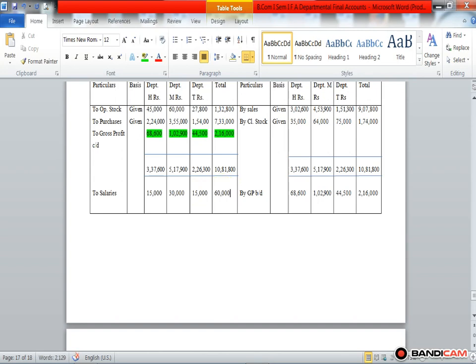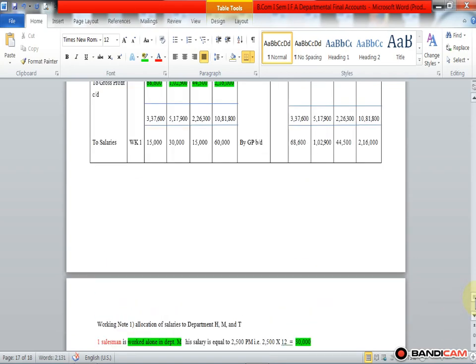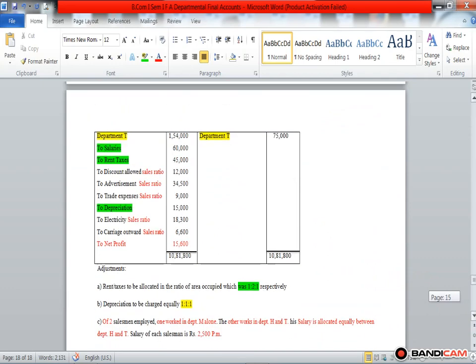Okay, here working note. On which basis do we distribute it? We distribute it on the ratio of working note first. Okay, working note first, then we distribute the rent, rates and taxes. So which item is next?